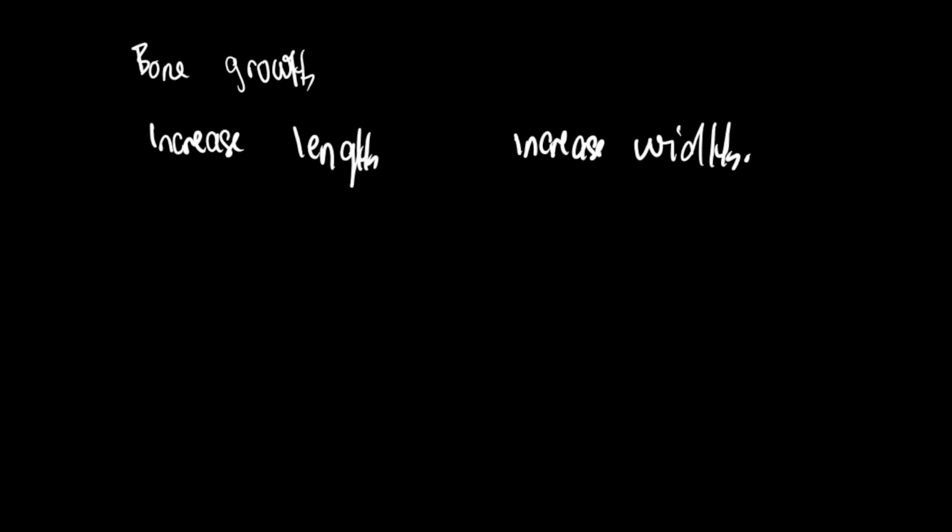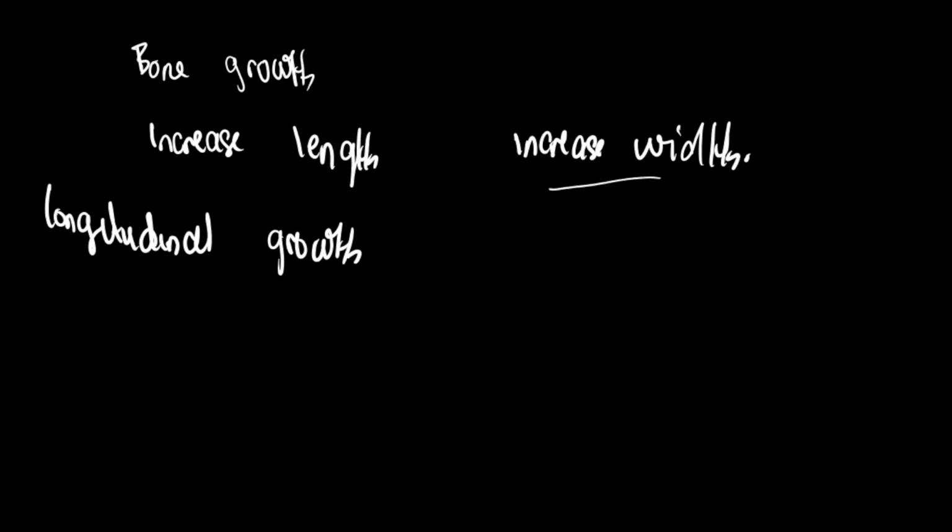Most of the processes that take place in bone growth are essentially the processes that take place in endochondral ossification. However, we'd be looking at the growth zones. Okay, so the increase in length or the longitudinal growth of bone is associated with the epiphyseal plate. Okay, while the increase in width is associated with the periosteum.